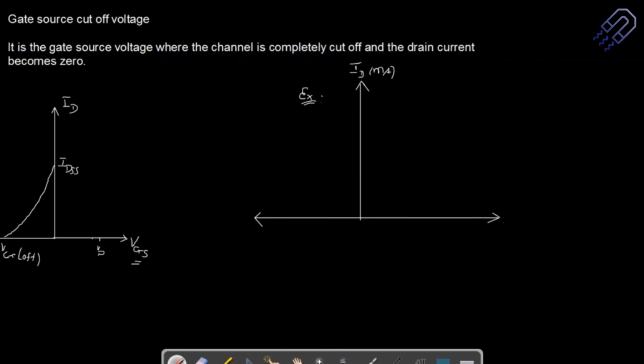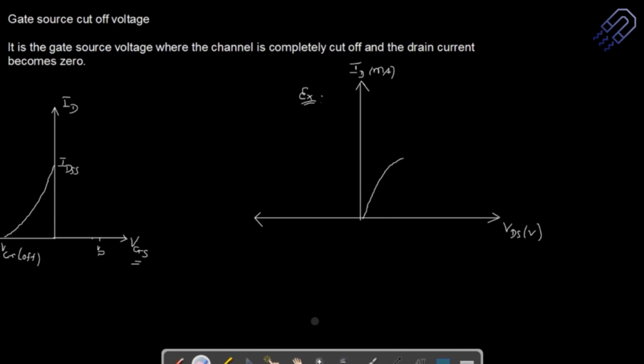Let's keep this VDS here, in volts, and if we keep on increasing VDS, we are going to get the value. I don't need the remaining part of it, I just need it up to the pinch off voltage. So let's say at this point we are going to have the pinch off voltage.